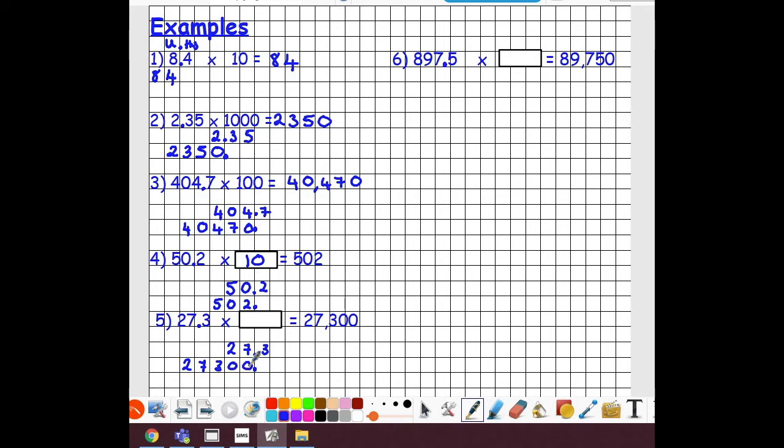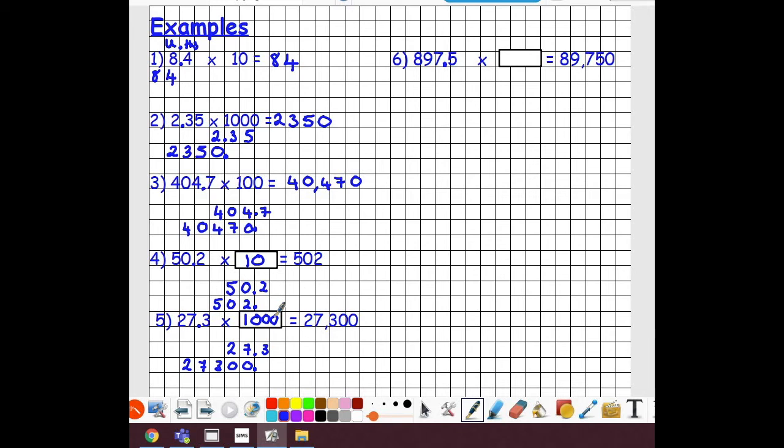We can see the 2 has moved 1, 2, 3 places to the left. Each digit has moved 3 places to the left, so has the 7 and so has the 3. We know that the value must have been times by 1,000.